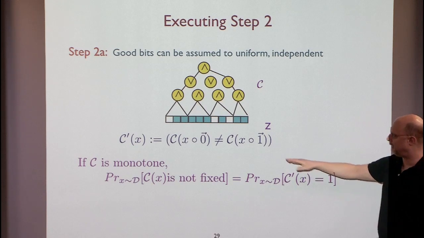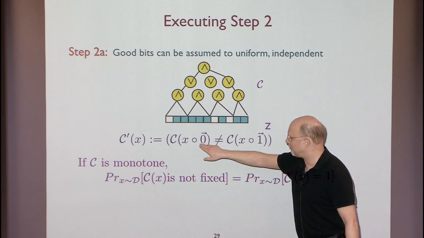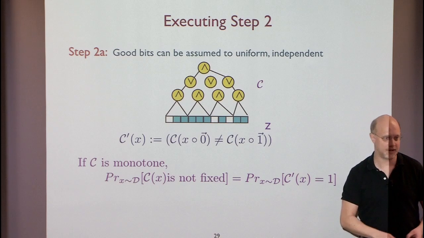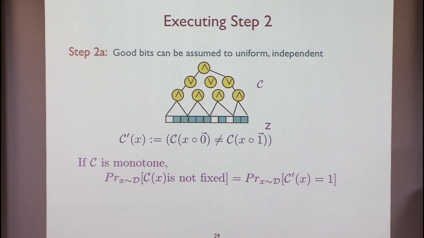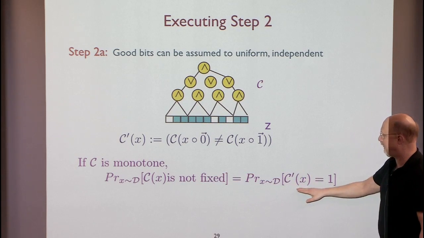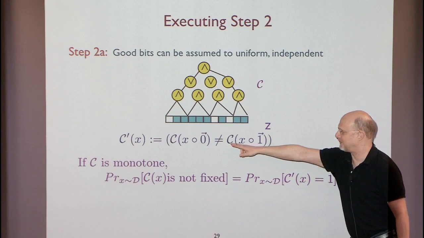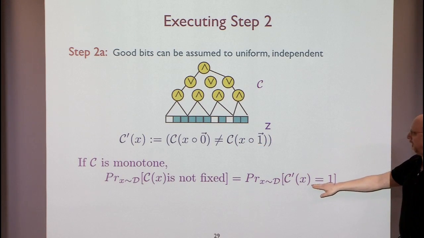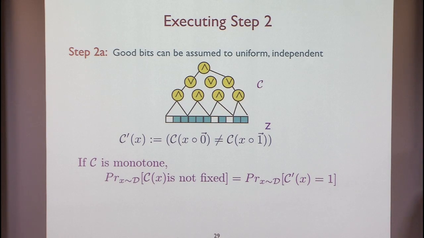It's only going to be unfixed if the all 0 string and the all 1 string give different values. So the probability that C is not fixed is the probability that C of x0 is different from C of x1, and we're calling that C prime. That's the first idea.